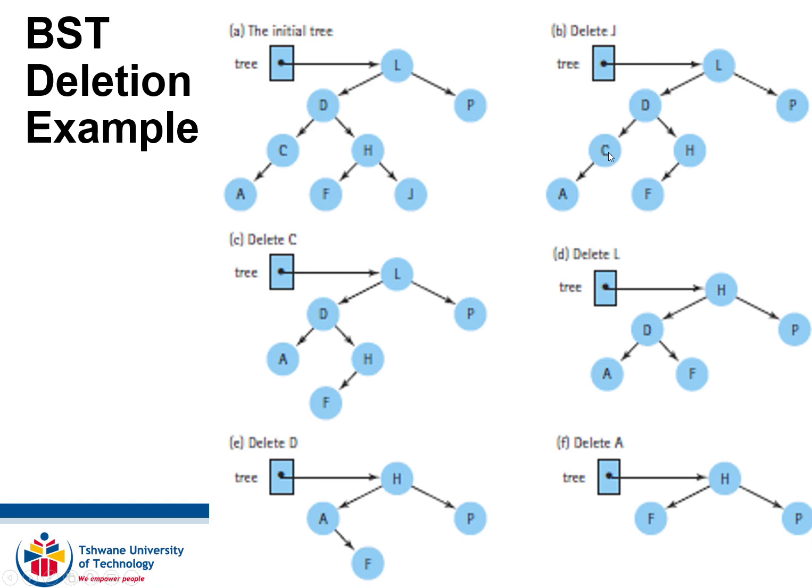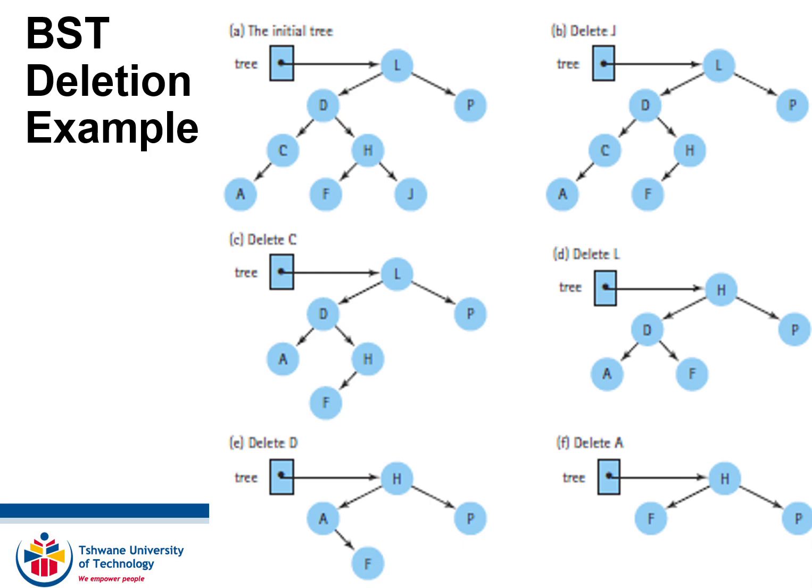After this deletion, I need to explain something here. Whenever you delete a node that has children, you have two options. You replace that node with the highest or biggest child of the left subtree, or the smallest child of the right subtree.